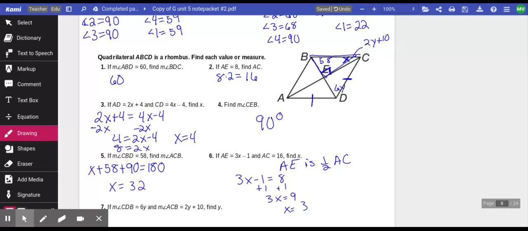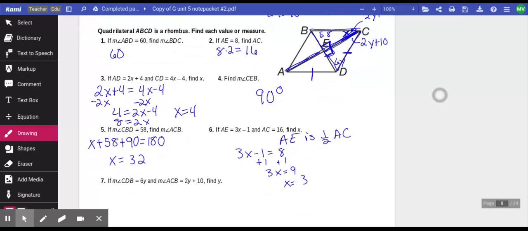This one's trickier because you have to remember that our diagonal AC cuts our angle in half. So if this side's 2y plus 10, so is this side. And then I have a triangle here where this is a right angle.